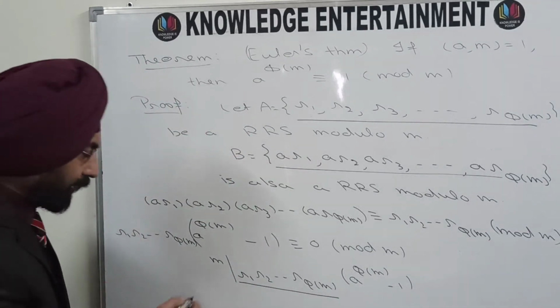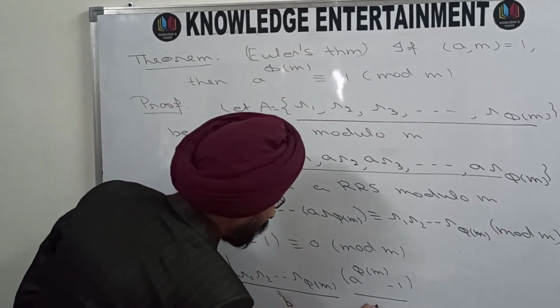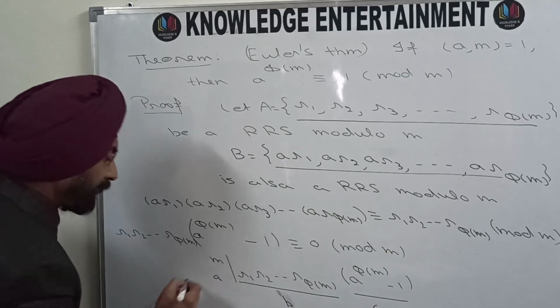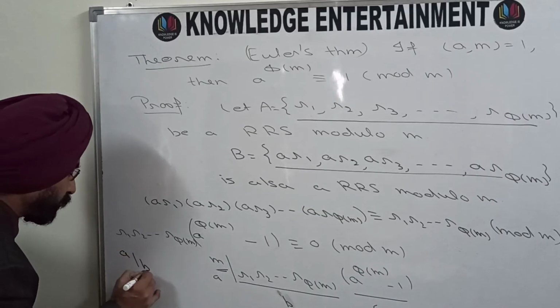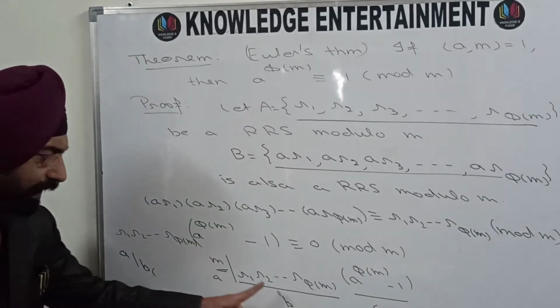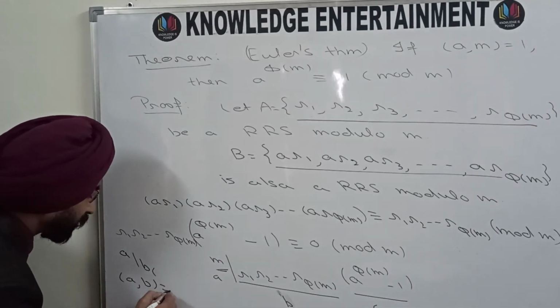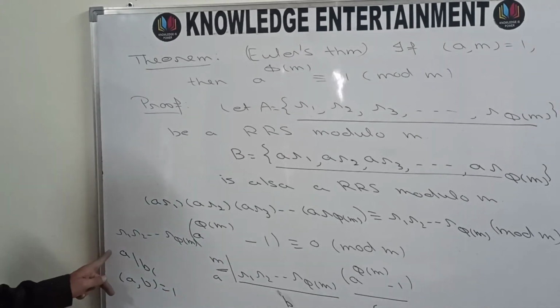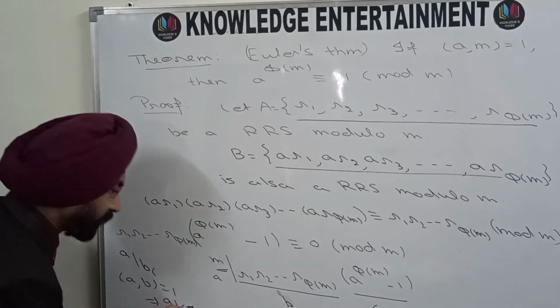So let it be A, let it be B, let it be C, and m is your A. What you are getting here is A divides BC, but GCD of A and B is 1. And you know that if A divides BC and GCD of A and B is 1, then A divides C.